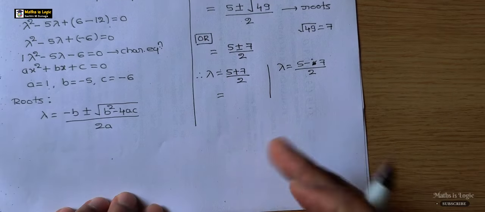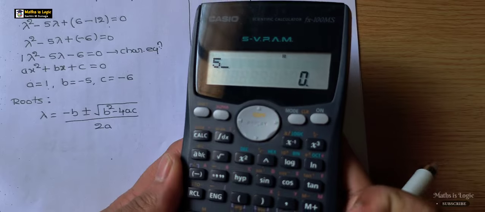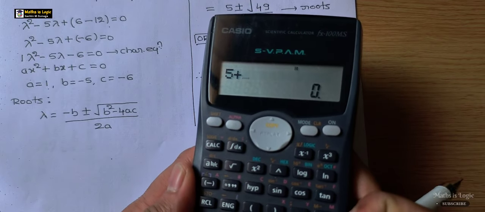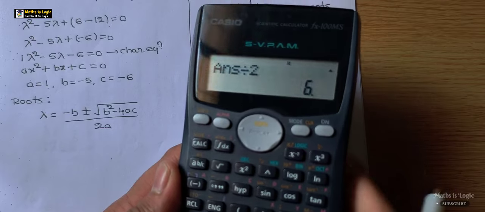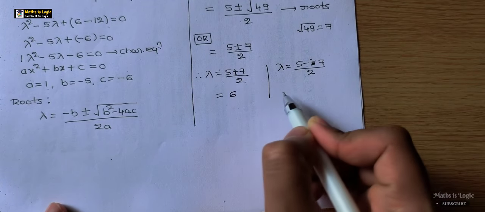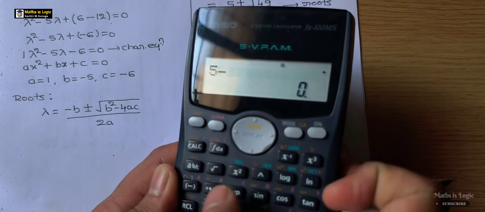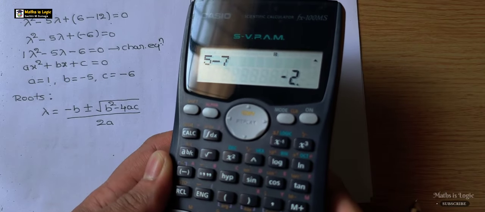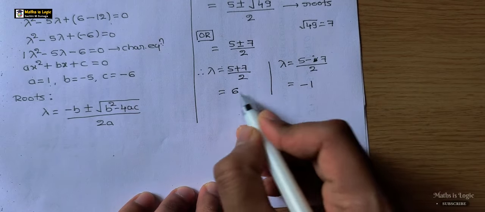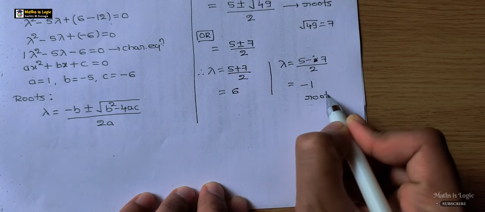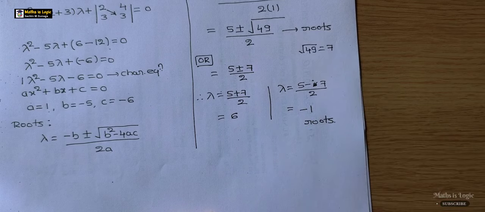So 5 plus 7 is 12, divided by 2 means 6. And the other one is 5 minus 7, minus 2, divided by 2 means minus 1. These two are called the roots. This is the final answer.